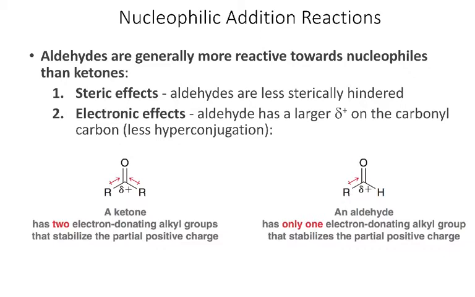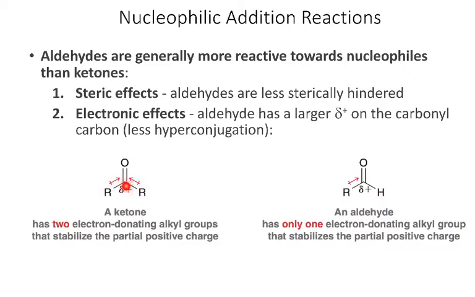The second factor is electronic effects. We've talked a couple times about the fact that alkyl groups are electron donating. We first encountered this when we talked about the stability of carbocations, and then it was also a big factor when we talked about the electrophilic aromatic substitution reactions last chapter. Through hyperconjugation, alkyl groups can donate electron density.